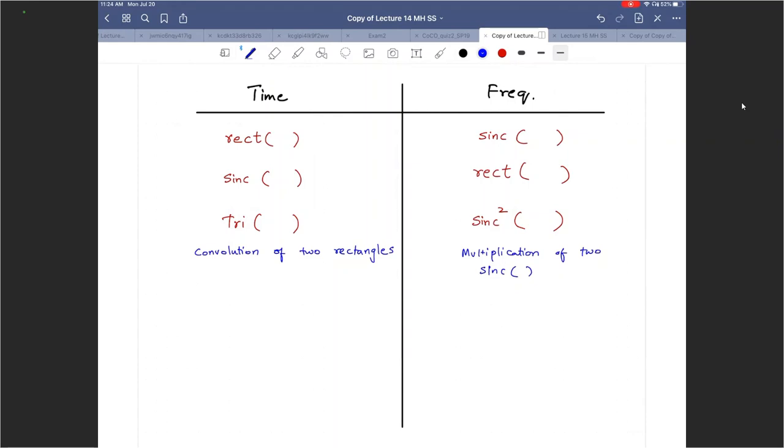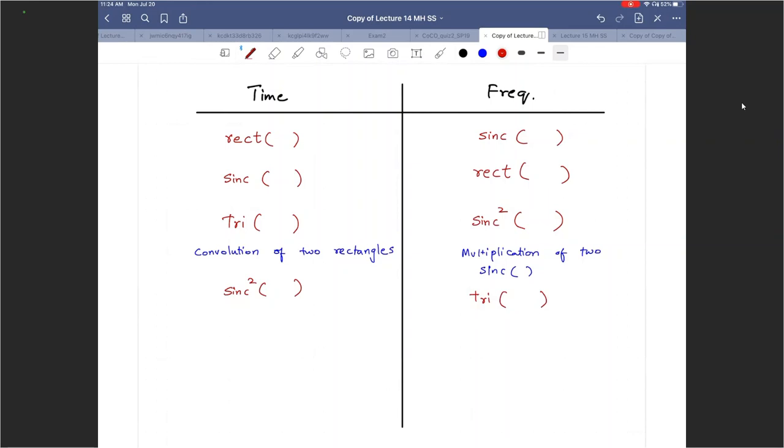And it actually works the other way as well. If you had a sinc squared function in the time domain, because of duality, I hope you can say that it is going to be a triangle in the frequency domain. Right?